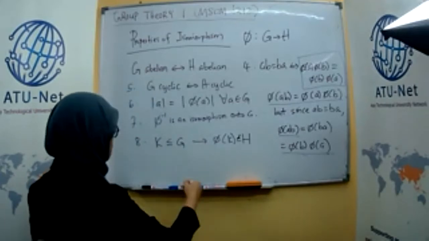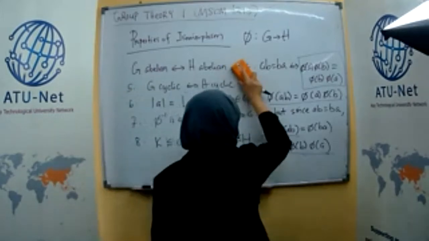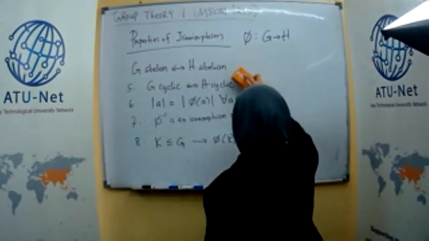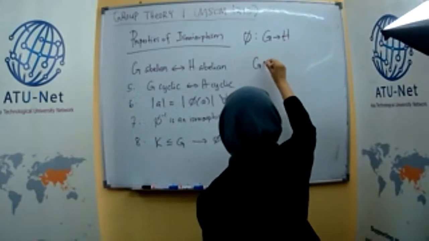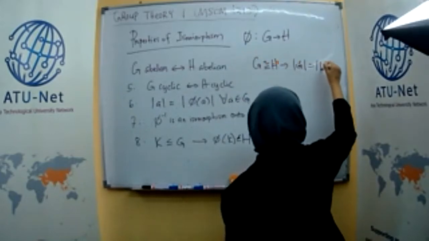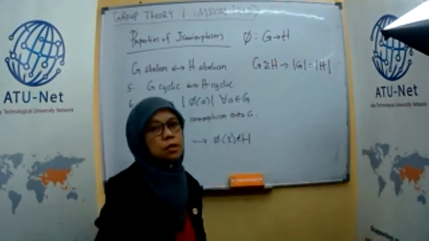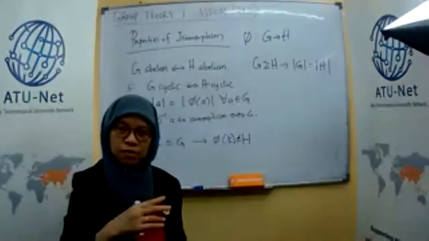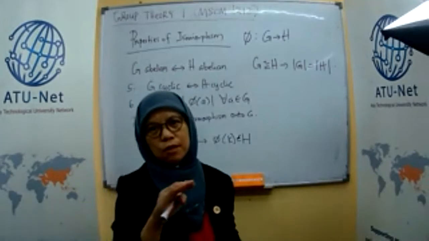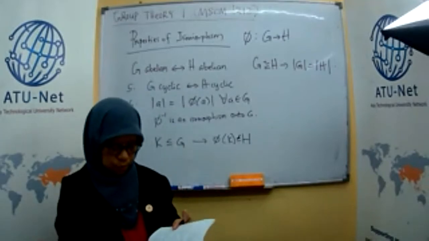There is actually another property I didn't list, but it's a property too. If G is isomorphic to H, they have to have the same order. I mentioned this the very first time we did this, because you want it to be one-to-one and onto.